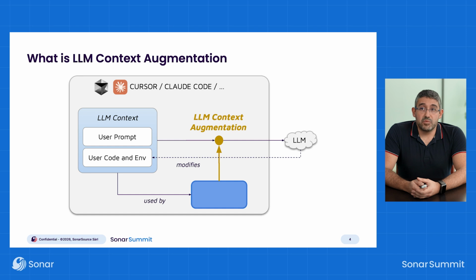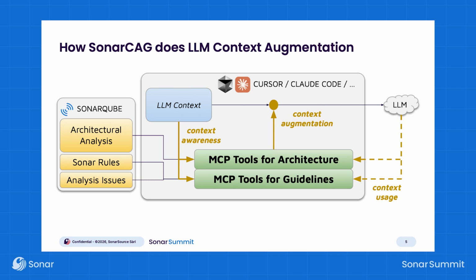So the LLM context contains the user prompt, so what the user provides when there is a code generation task, and the agent adds to the context information such as the user code or part of it and the environment. And what we want to do is to do augmentation of this context, so provide additional information for the LLM to use when it needs to generate some code.